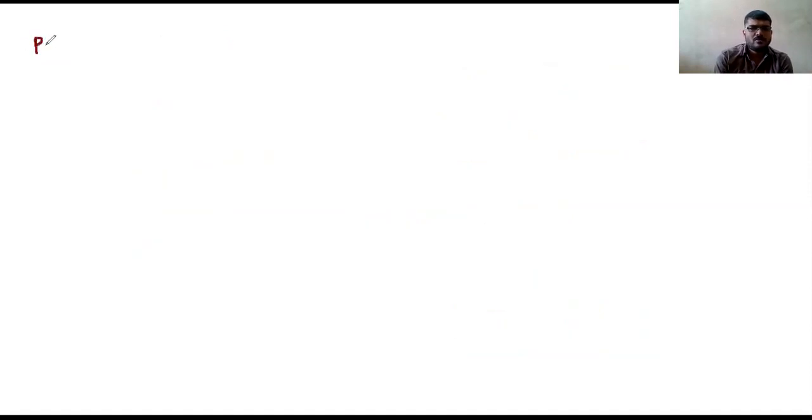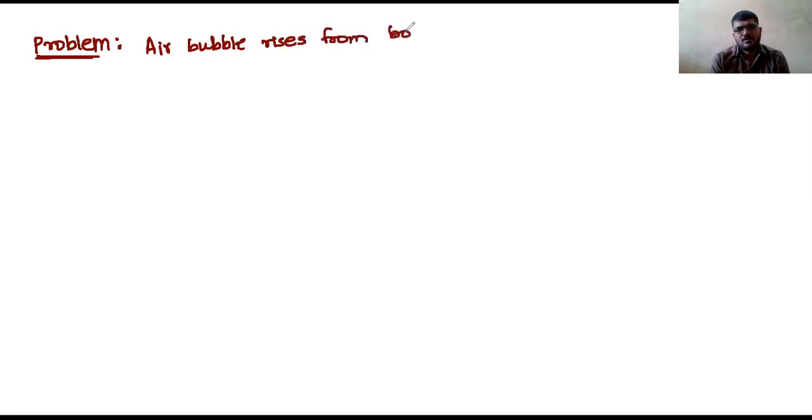Now solve this problem, which is very easy. An air bubble rises from the bottom of the lake to a certain height.